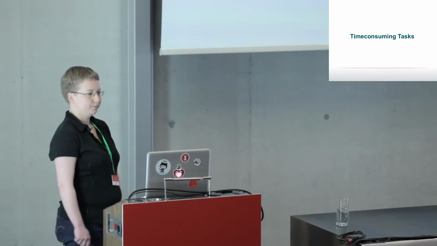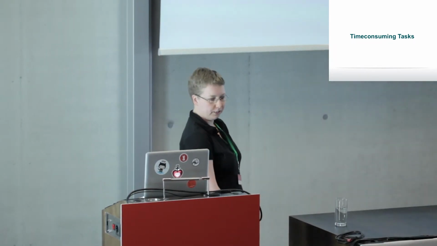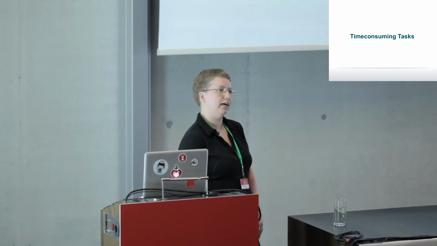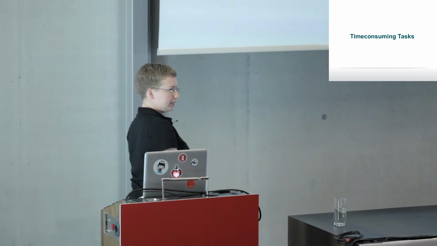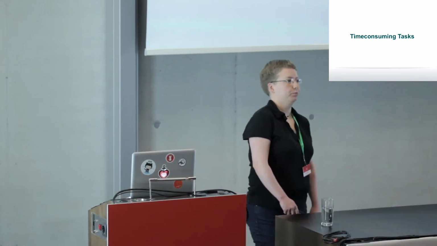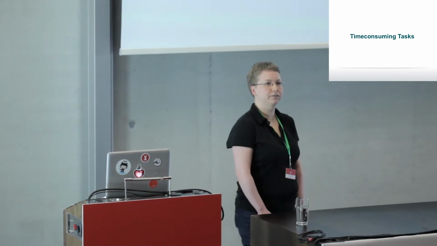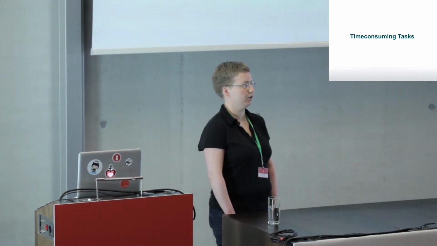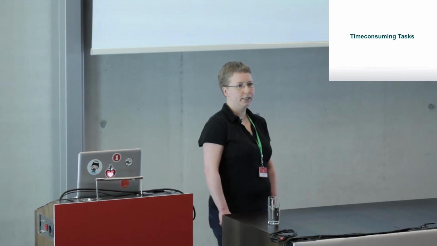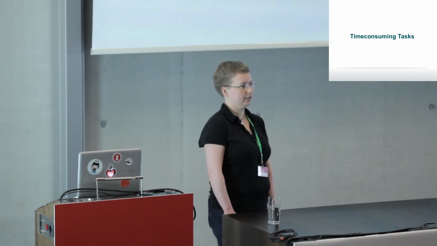For example, you can use AMQP in order to run time-consuming tasks asynchronously. If a user uploads a new image to our platform, we have to create thumbnails in different sizes and upload them to a cluster of asset servers and so on. And this is taking way too long for a user-facing request.